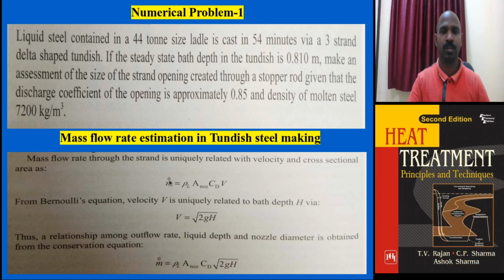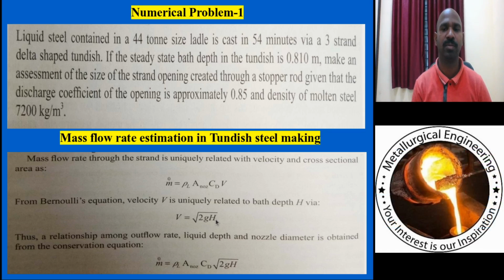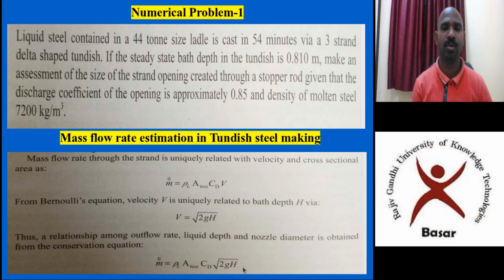This is the mass flow rate, m dot. From Bernoulli's equation we know that velocity can be expressed in terms of gravity and the height of the molten metal flow, and thus instead of volume, this velocity can be replaced with this parameter.